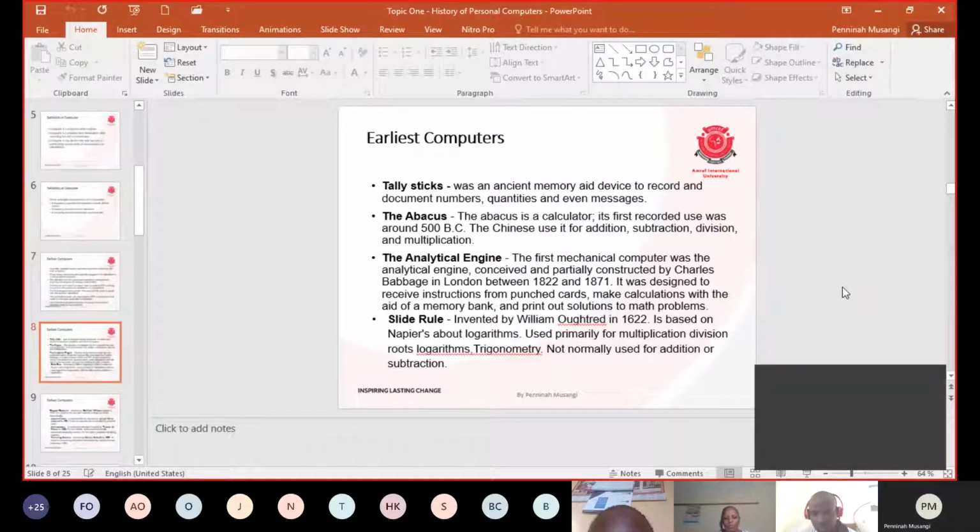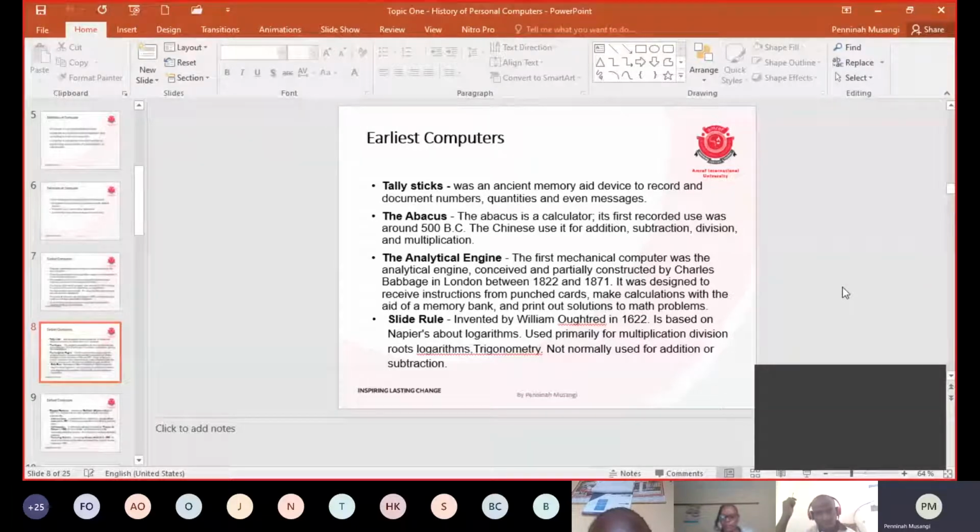Remember, in the definition, we said that the device has to receive instructions. It received instructions from a punched card.